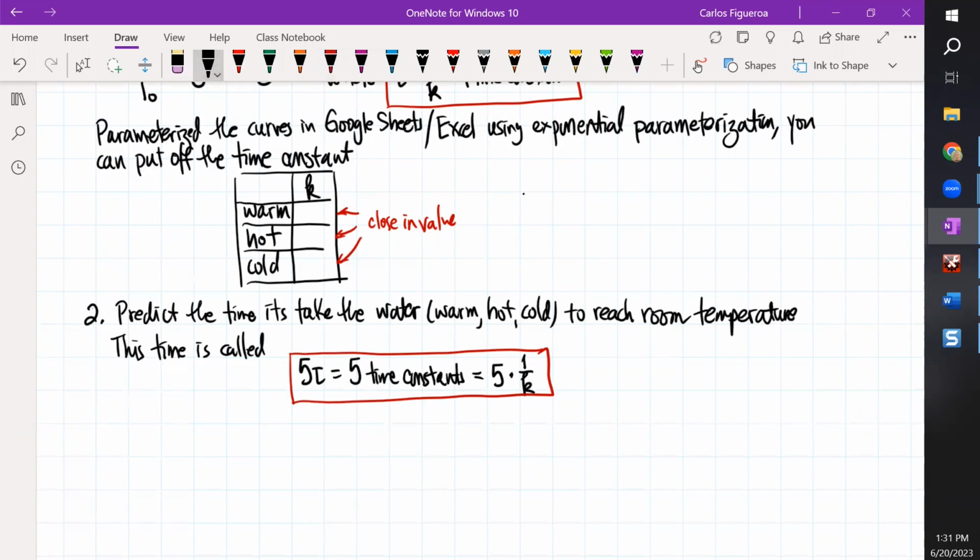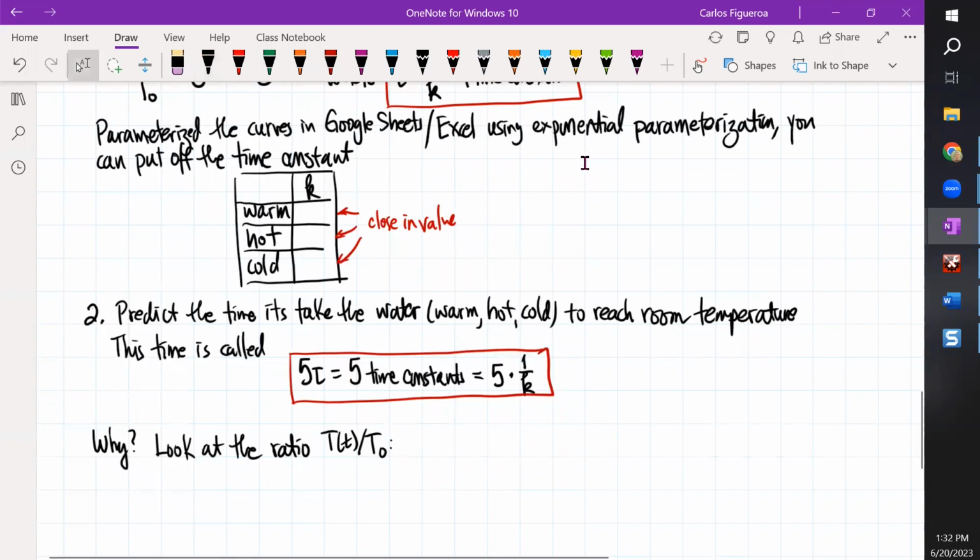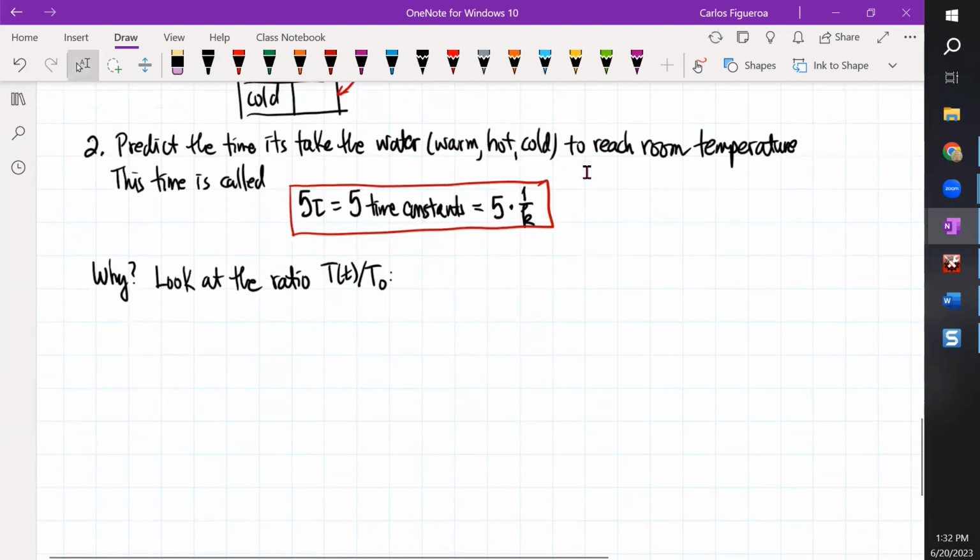So then we could ask the question, why is this so? So look at the ratio: temperature as a function of time divided by the initial temperature. Equation-wise, it looks something like this. At t equal to 0, I have T of t equal to 0.